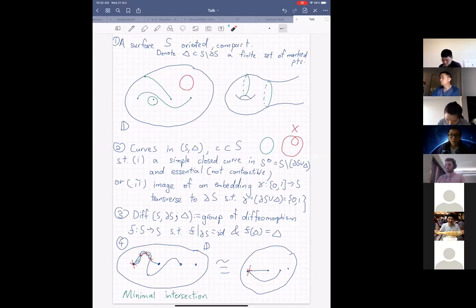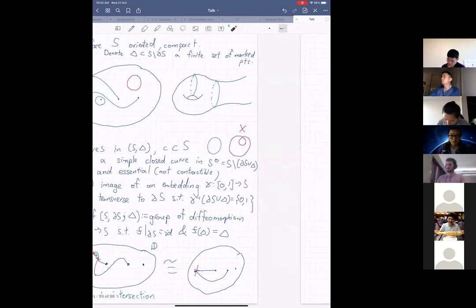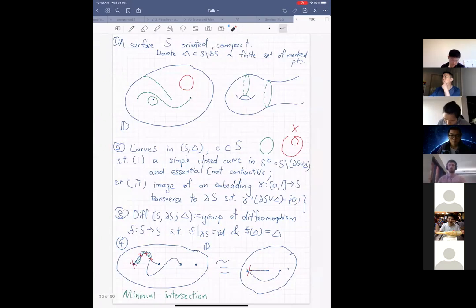So after dealing with this minimal intersection, we can finally define the intersection number.